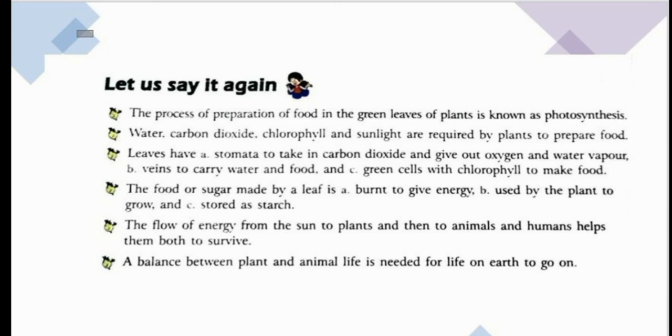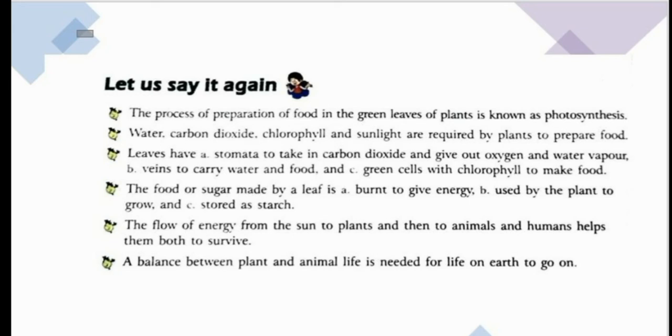Leaves have stomata, and stomata help them to take in carbon dioxide and give out oxygen and water vapor. And leaves also have veins to carry water and food, and green cells with chlorophyll to make food, which helps the leaves to make food.